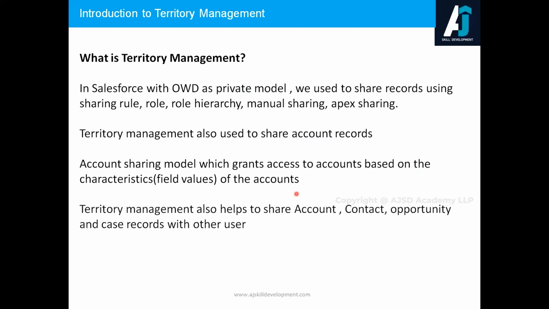So in Salesforce, generally the record level securities are applied through OWD, right? You might be familiar with security, right? The object level securities can be implemented with the help of profiles and permission sets.